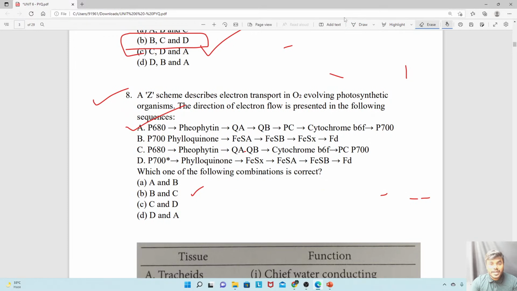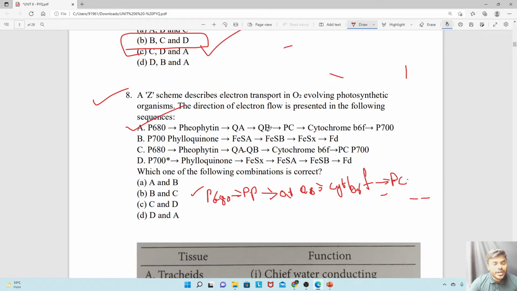First P680 followed by the pheophytin, then followed by quinone A, quinone B, immediately cytochrome b6f, last one is the plastocyanin. In option A, P680 correct, pheophytin correct, quinone A, quinone B correct, but this is wrong, right? After the cytochrome b6f, plastocyanin will come. Hence option A is wrong.